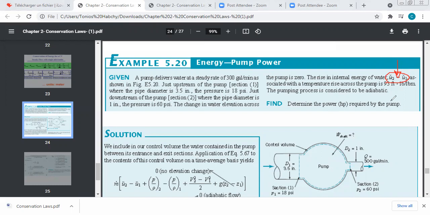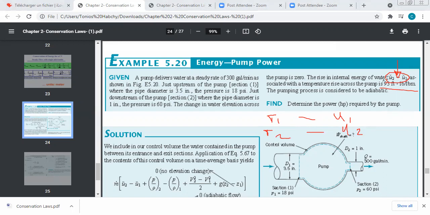But if it's not, they will give us information about it. If we know T1 and T2, the rise in temperature between 1 and 2, we can go to the tables of water and see at T1 what is the internal energy of the flow, and at T2 what is the internal energy, and then this will allow us to calculate the variation of internal energy.